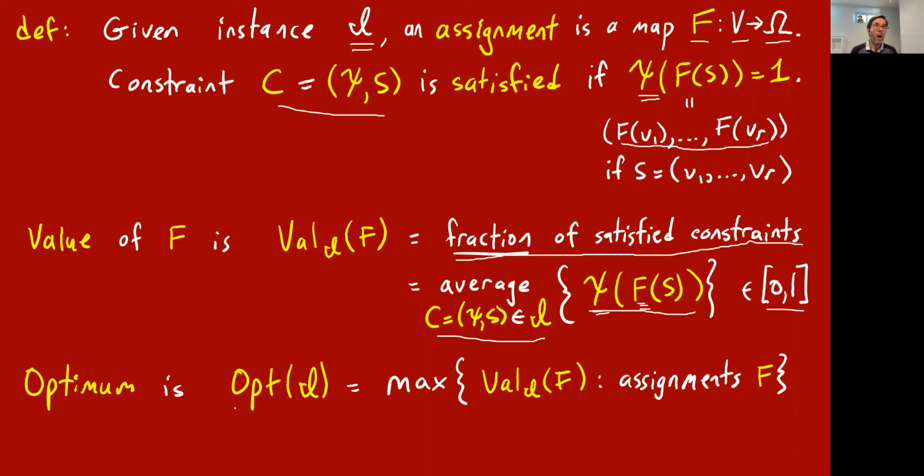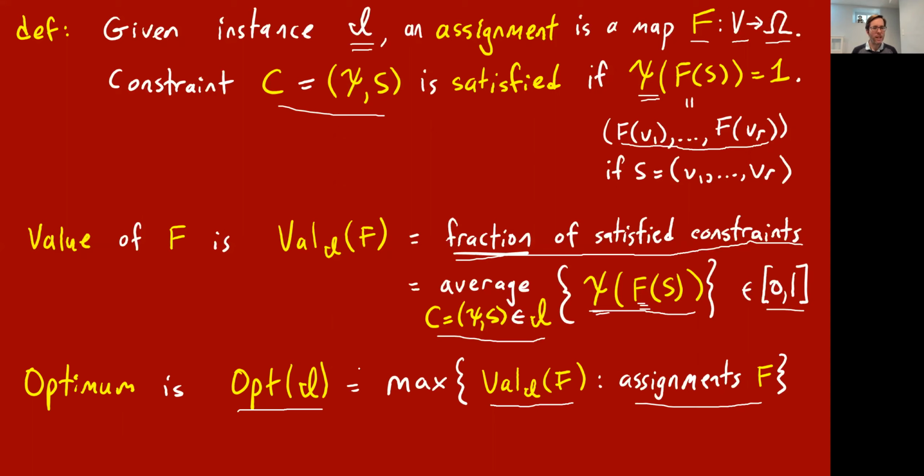And finally, I'll say the optimum of the CSP, denoted opt of I, is, well, it's a natural thing. It's the maximum possible value you can achieve over all assignments F. So you're trying to find the assignment which maximizes the fraction of constraints that it satisfies. Like in maxcut, you're trying to find a partition that maximizes the number of edges that you cut.